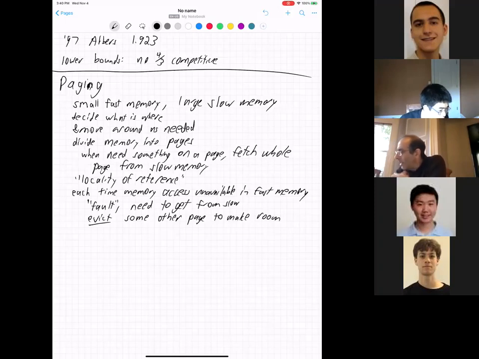And as I said, there's many layers of this in modern computer systems, right? You've got the main memory versus disk. You also have cache versus memory. And in fact, modern computers often have 3 different layers of caches. So the L1 cache is quite large and quite slow.